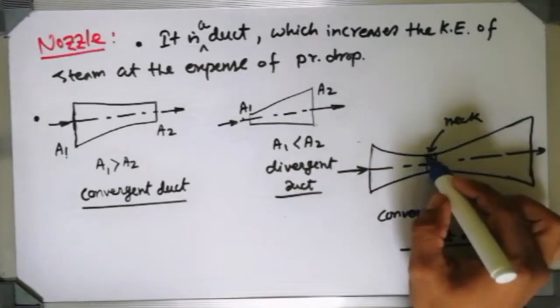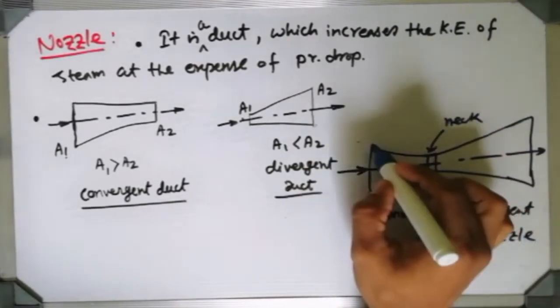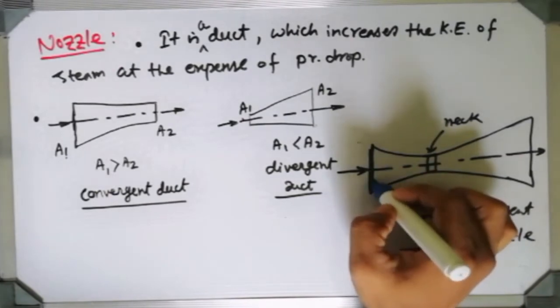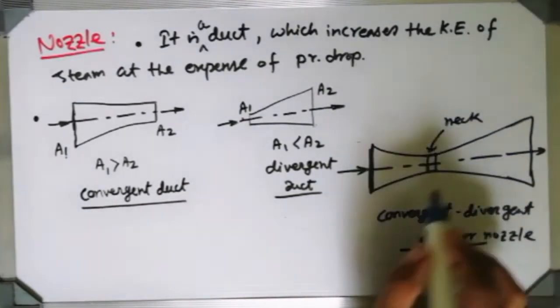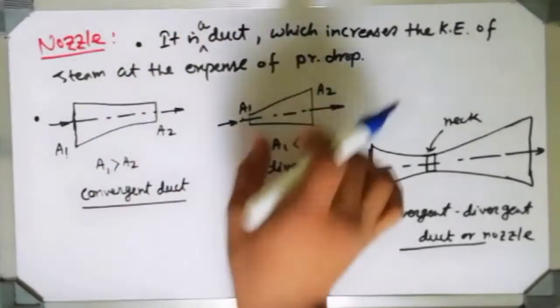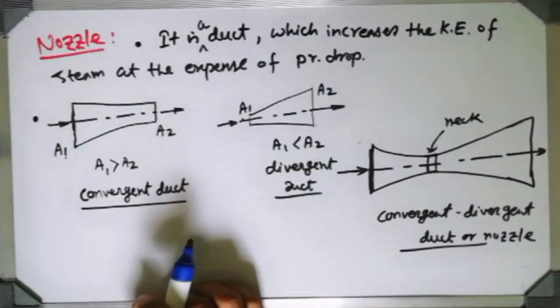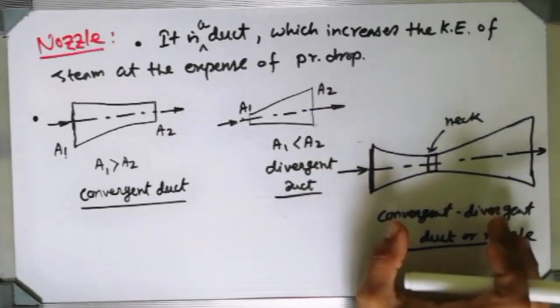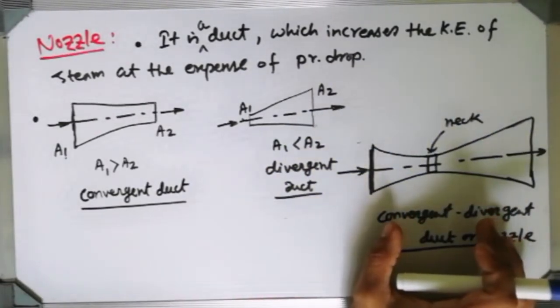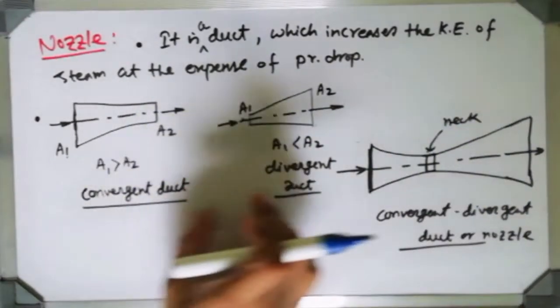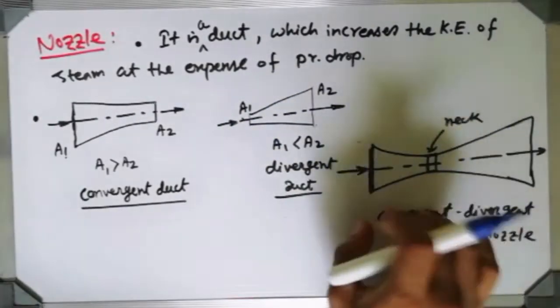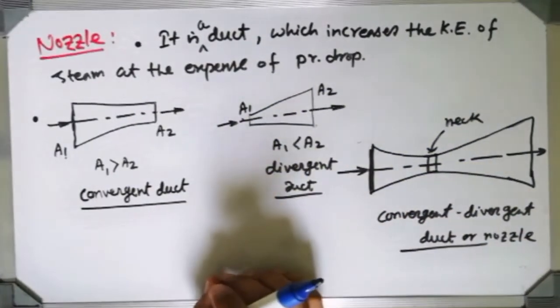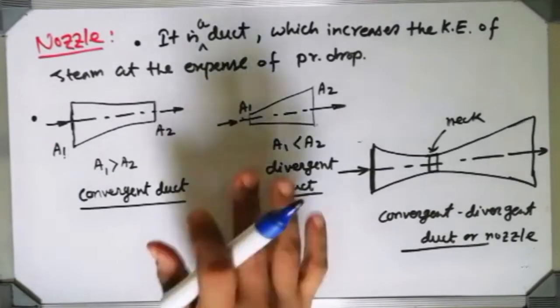This minimum cross section is known as the neck, and we can see afterwards how it is more efficient than this one and that one. In a steam turbine, basically this kind of nozzle we use, not the convergent only, not the divergent only, but a combination convergent divergent nozzle.